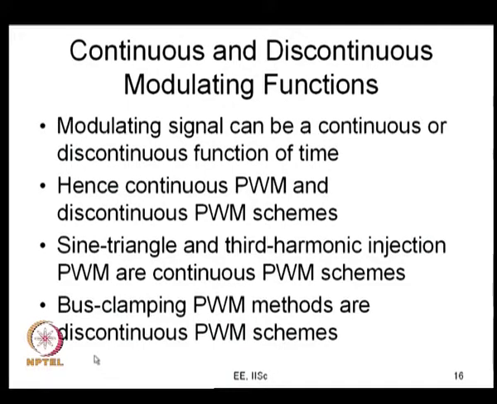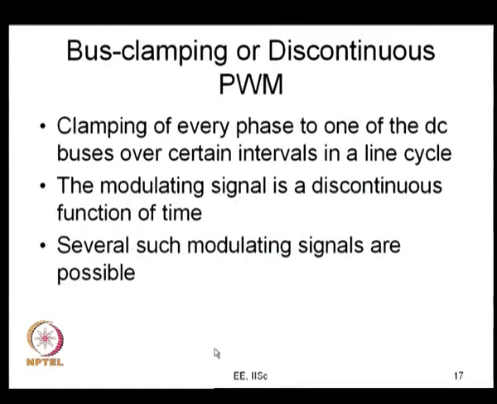Sometimes you use modulating signals which are discontinuous functions of time. The common mode components will be discontinuous functions of time, which you will often do when you want to result in bus clamping, as we discussed in the previous lectures, and we will just look at it quickly now. So, in these cases the common mode signal is discontinuous, and when this is added to the sinusoidal modulating waves, the resulting modulating signal is discontinuous, and these are called discontinuous PWM schemes.